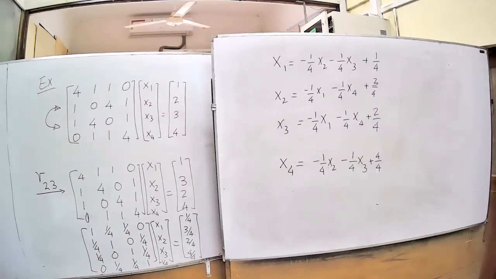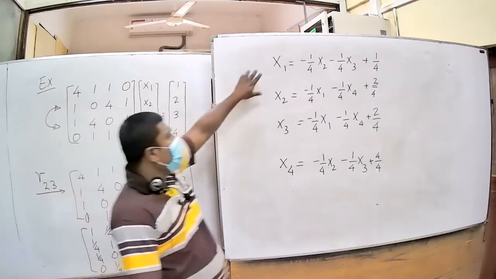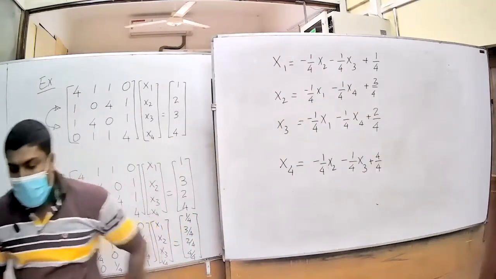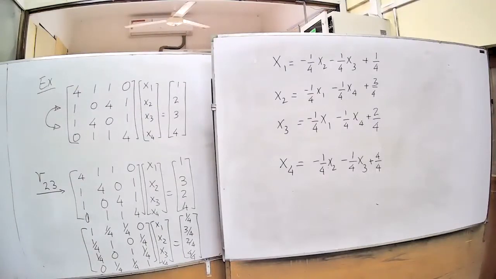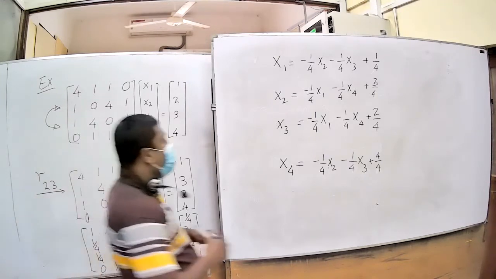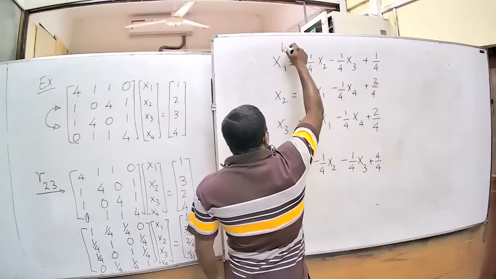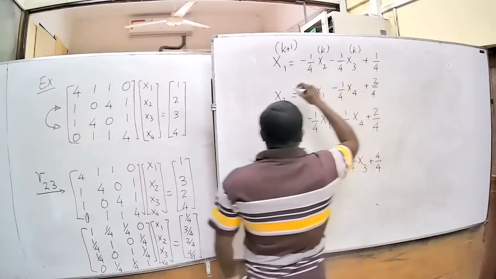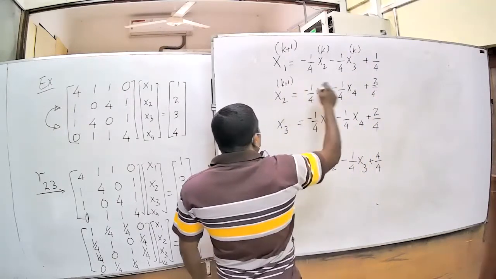Okay, so you write the first equation for x1, second for x2, third for x3, fourth for x4. In each equation, if you have x1 on one side, the other side has no x1; if you have x2, the other side has no x2; x3, other side no x3; x4, other side no x4, right? So now you get the iterative formula, so I am going to put it here: k plus 1 on this side, previous terms k here.